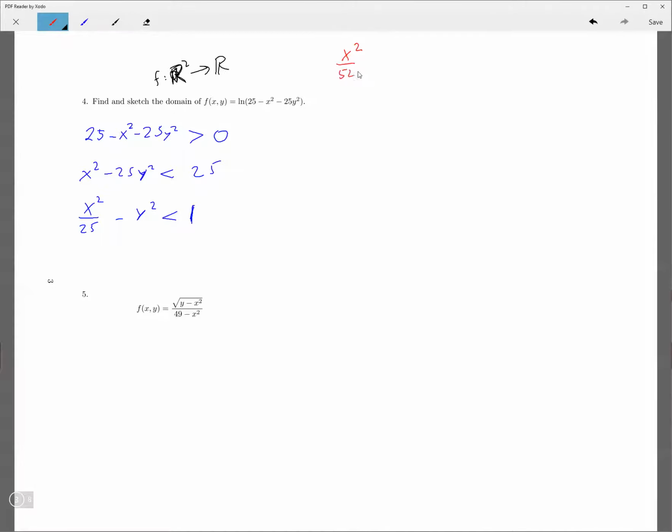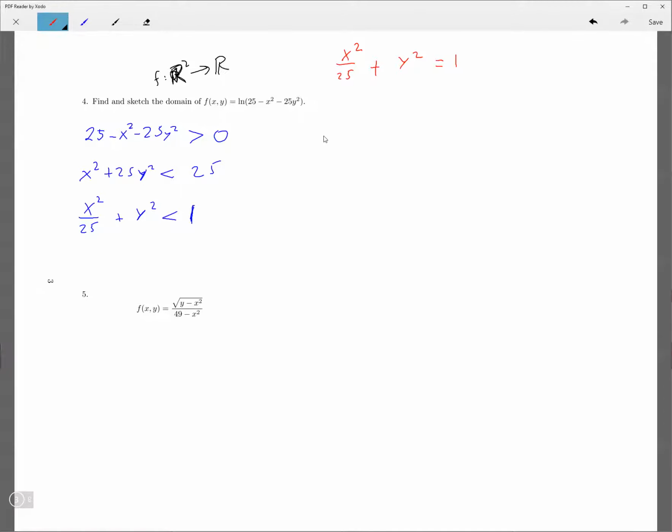Does anybody remember? An ellipse. Oh wait, you know what? I can't believe it. Gremlin struck again. Okay, that's an ellipse, right?